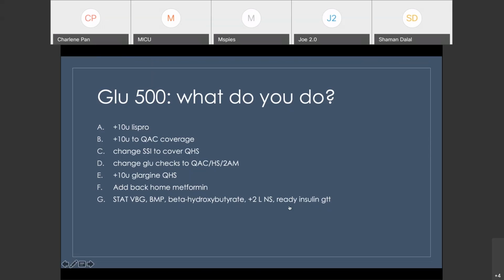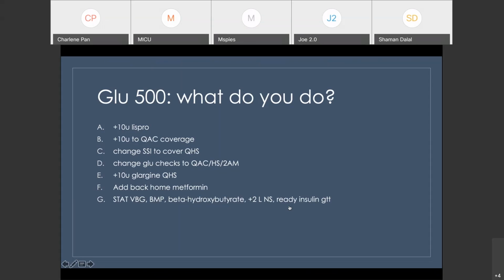And we encourage you guys to use the diabetes order set when a patient comes in with a known history of diabetes. Again, we emphasize the sign out and using the order set when you admit somebody.